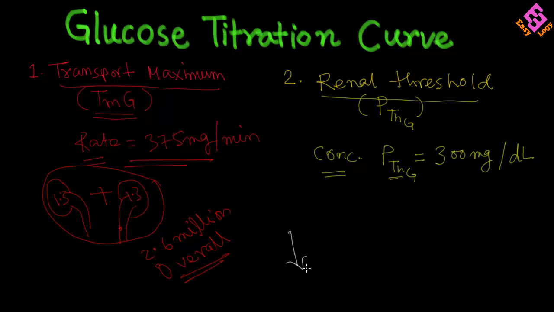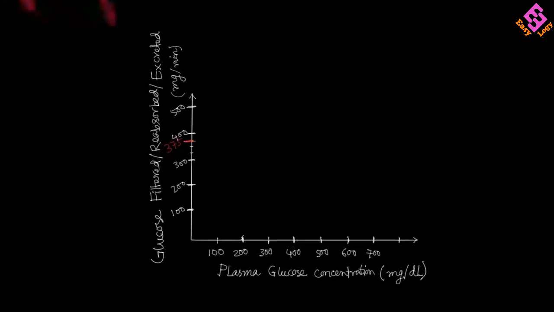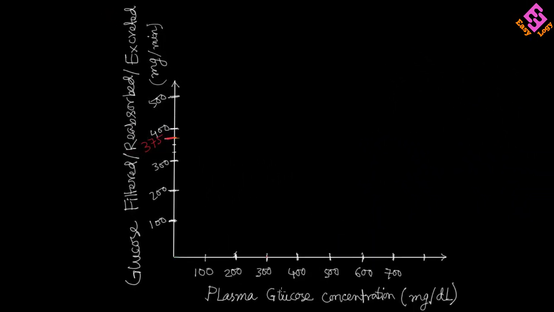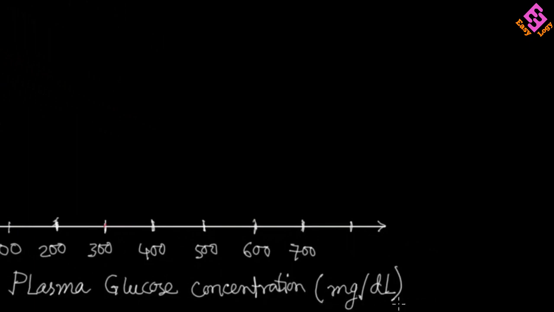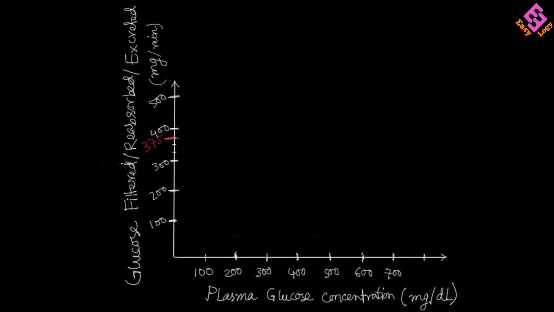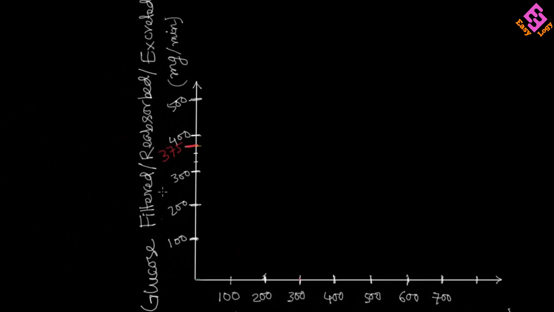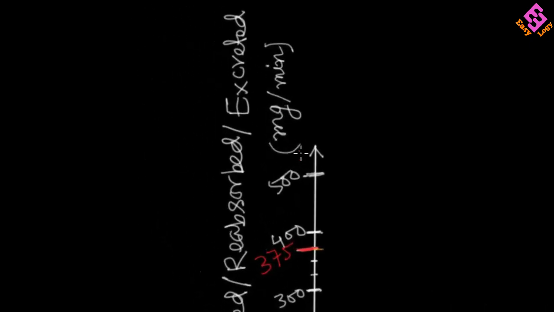Now let's draw the glucose titration curve. On the x-axis, plasma glucose concentration is drawn and the value is in milligram per deciliter, and on the y-axis, the glucose which is filtered or reabsorbed or excreted, and the rate of this glucose filtered, reabsorbed or excreted is drawn, and the value is given in milligram per minute.